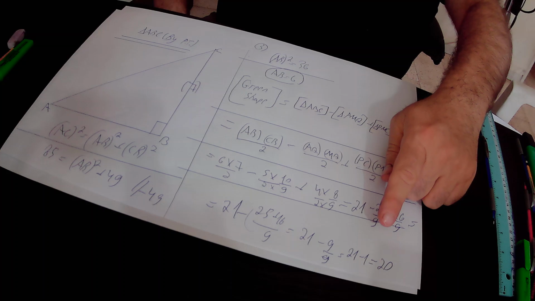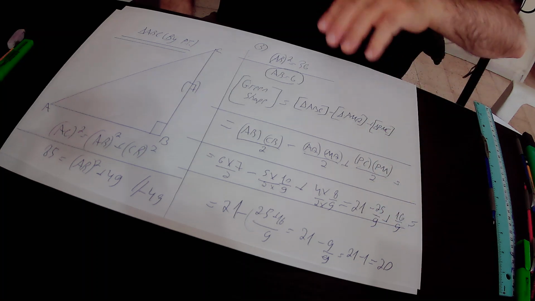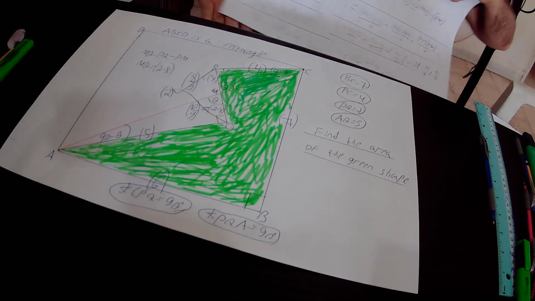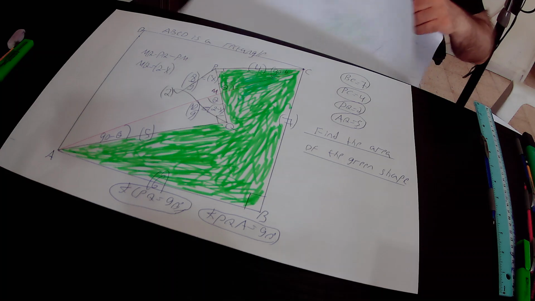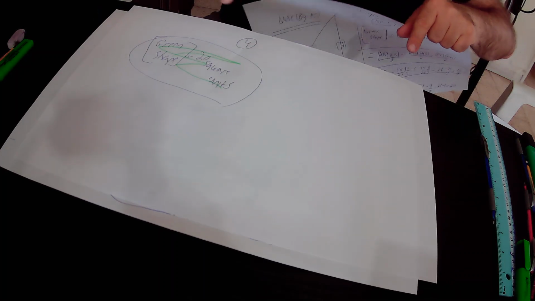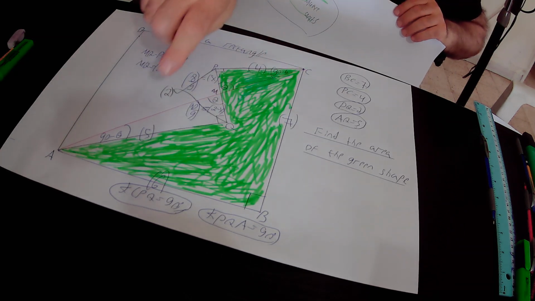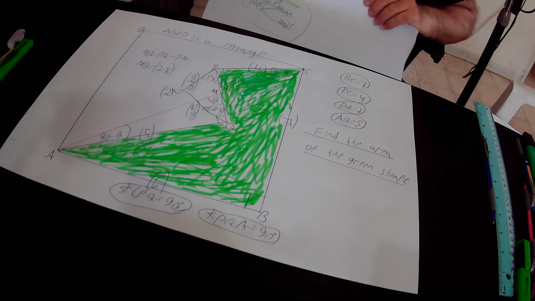Minus 9 over 9 is minus 1. So the area of the green shape equals 21 minus 1, that is 20. So we found that the area of the green shape equals 20 square units. Okay, thank you very much.